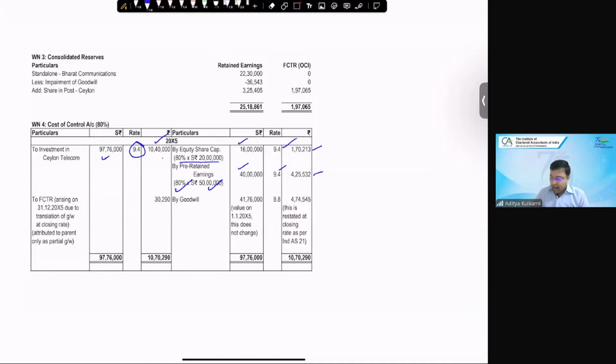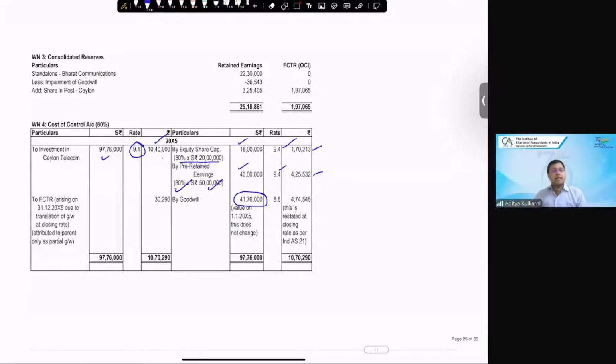Okay. And then you get goodwill 41 lakh 76,000. This I will convert using the closing rate. Why? Because Ind AS 21 tells us that goodwill must appear at the closing rate. You remember in that question, 5,000, I made it 6,000 and took the difference to FCTR. याद है? Yes.